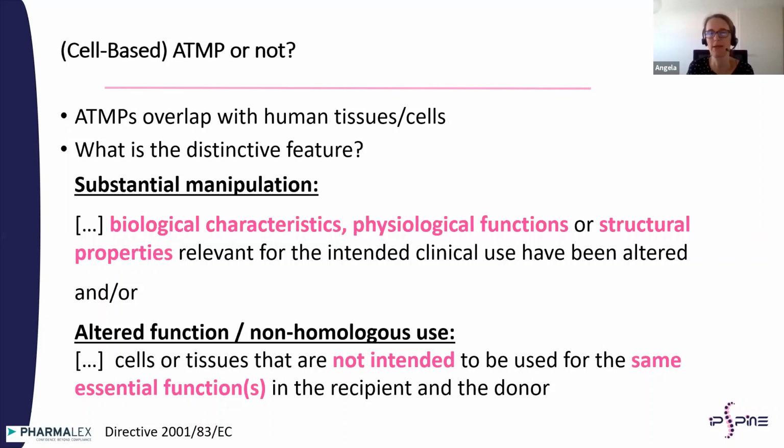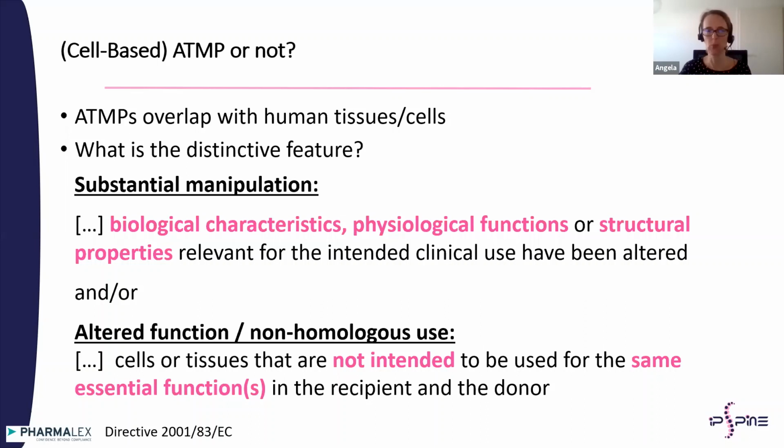You just transplant this piece of bone to another site. So this is not an ATMP. An ATMP always means that you've done something substantially changing the cells to do something different. So, by the way, ATMP stands for Advanced Therapy Medicinal Product. So it is always something more fancy and more elaborate than just transplanting and transferring a tissue from one place to the other.